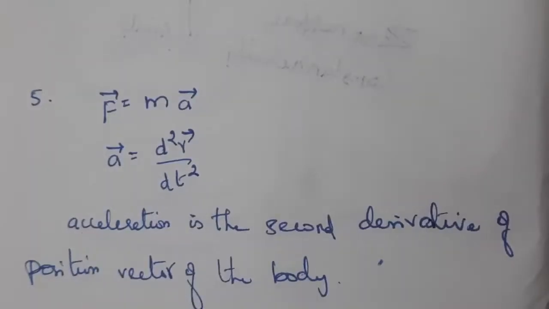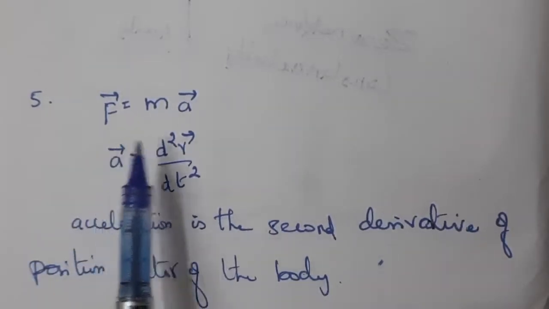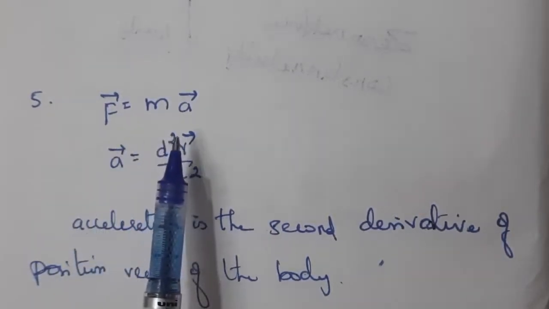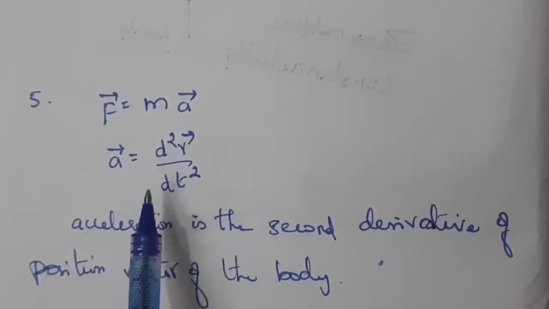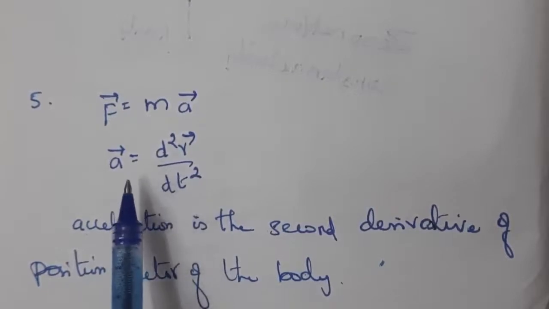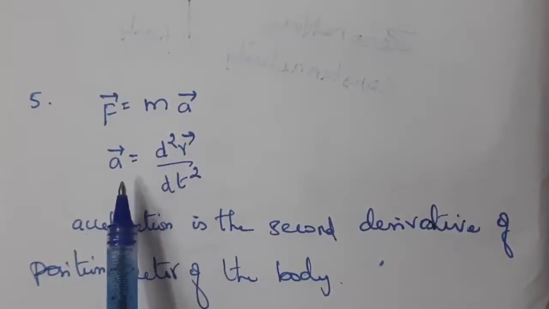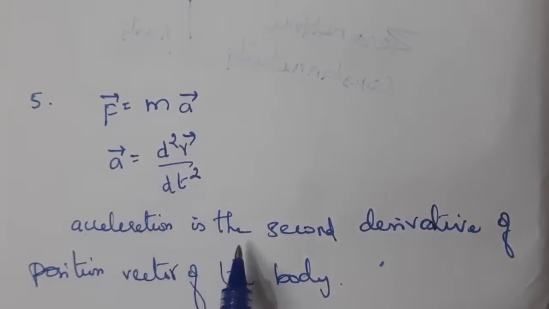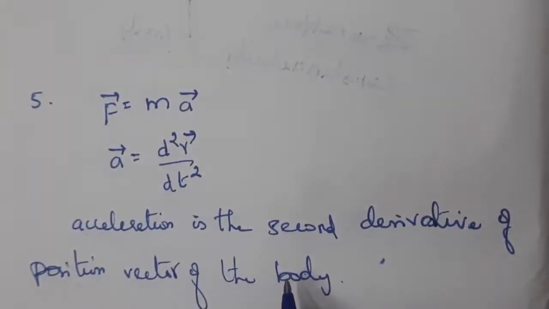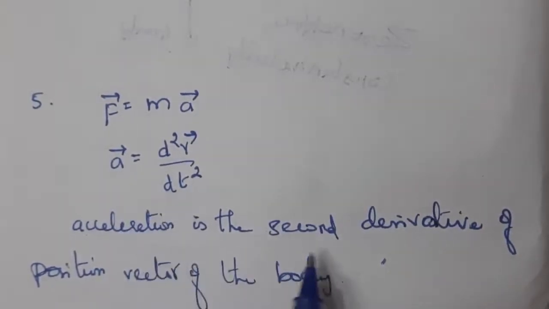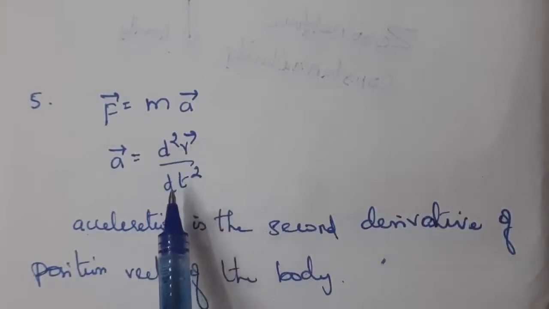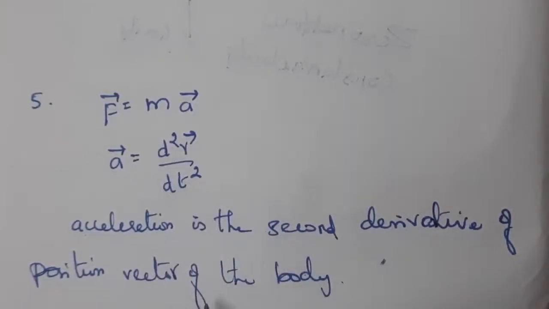The next discussion is, according to Newton's second law, F vector is equal to ma vector. A vector is equal to d square r vector by dt square, where A vector is known as the acceleration. Isn't it? Acceleration is the second derivative of the position vector of the body. This we have already discussed. Acceleration is the first derivative of velocity, but the second derivative d square r by dt square of position.